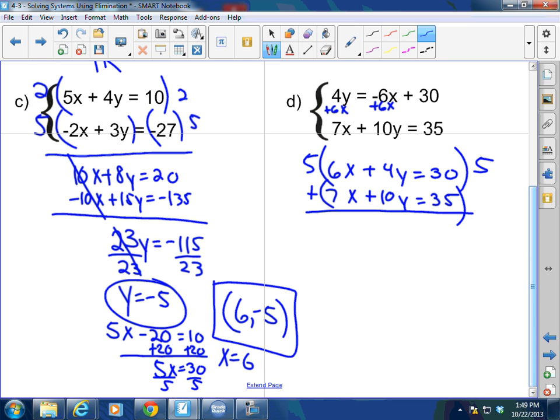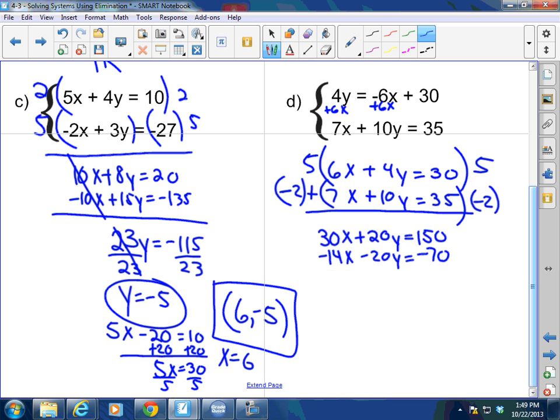And then the bottom you want to multiply by negative 2. Okay, so top equation, 30x plus 20y equals 150. Second equation, negative 14x minus 20y equals negative 70.